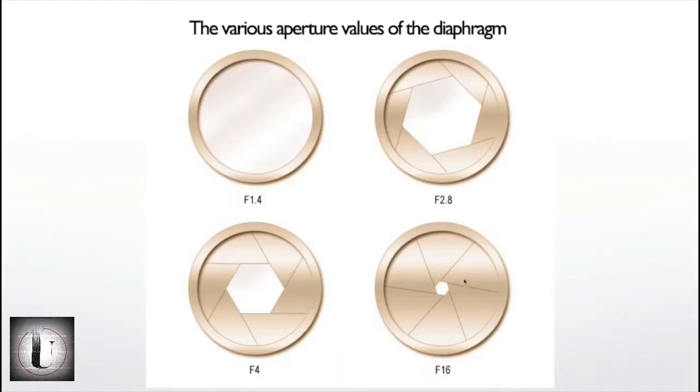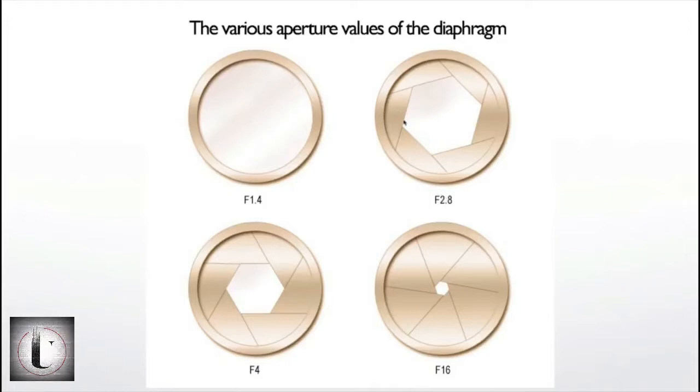a bit strange because the bigger the number, the smaller the aperture. Why is that? Because it's basically a mathematical formula. If you divide 1 by 1.4, you get a size, and that's going to be the diameter of the circle of the aperture. If you divide 1 by 1.4, you get something like 0.7 or 0.8, and that's going to be the size of the diameter of the aperture.